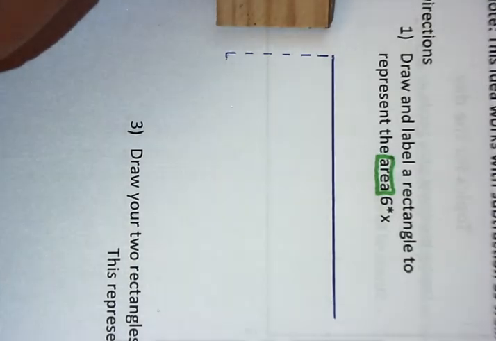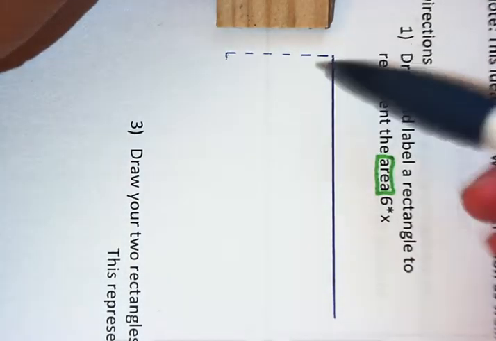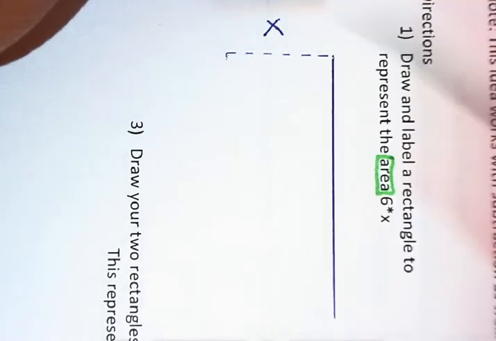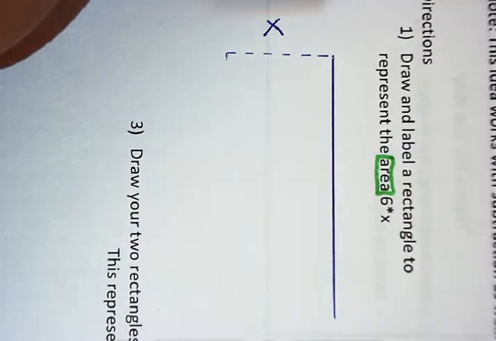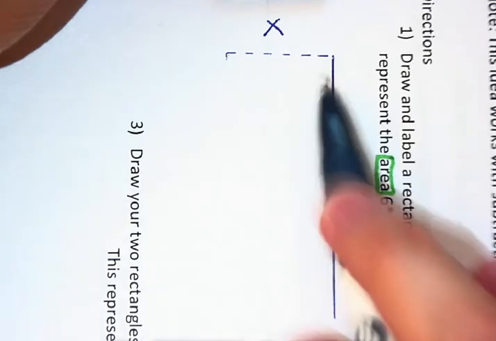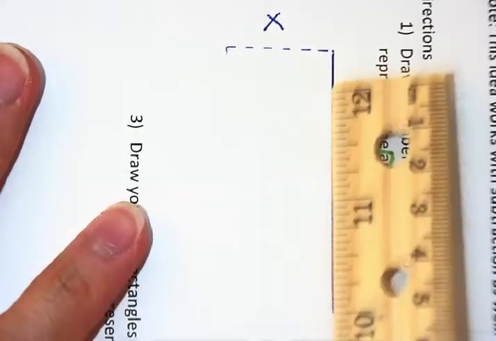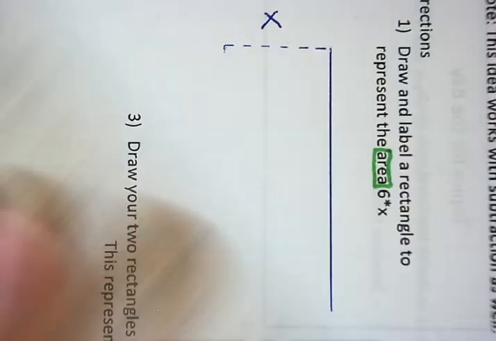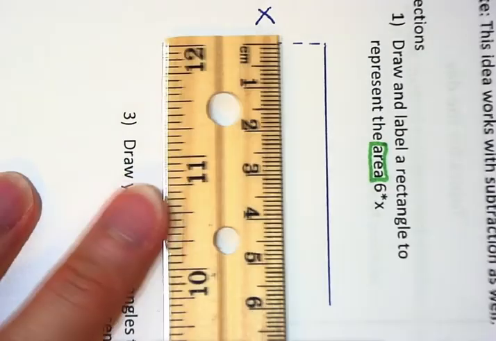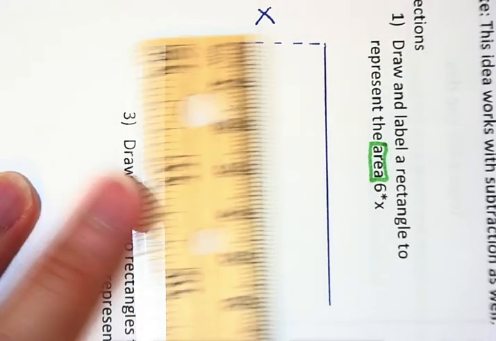I'm just going to use dotted lines so I know that, even though I'm calling this x long, I don't actually know if it's bigger or smaller than that because I don't know what x is. This is definitely 6 long over here because I exactly measured 6 long. Okay.